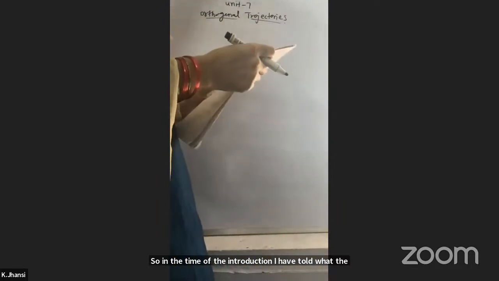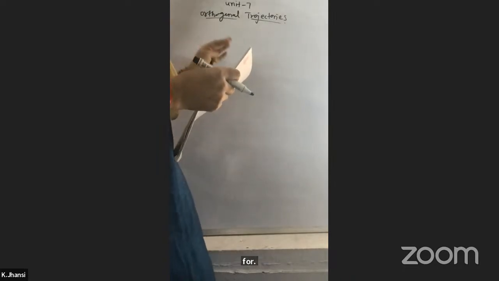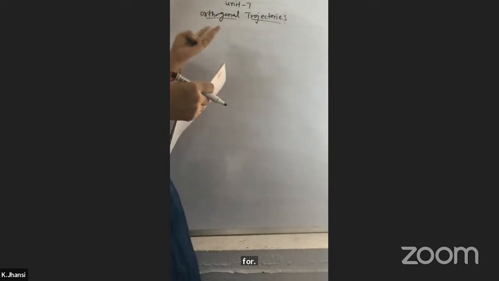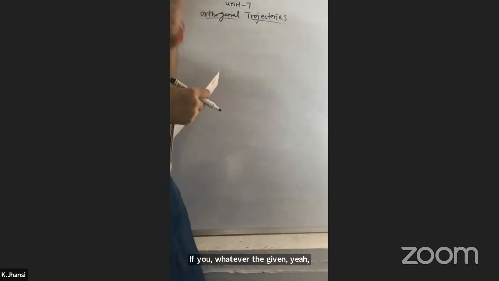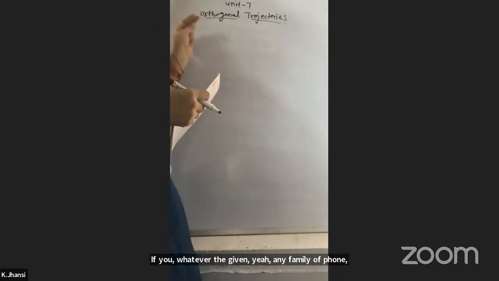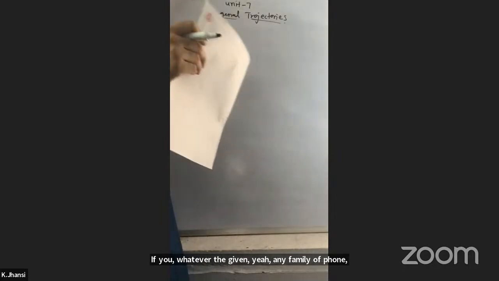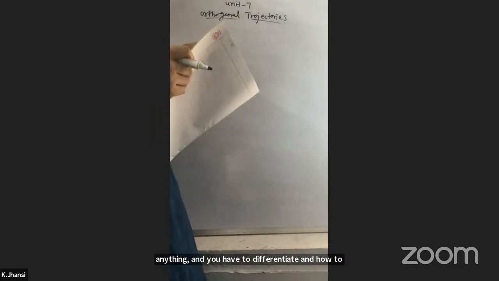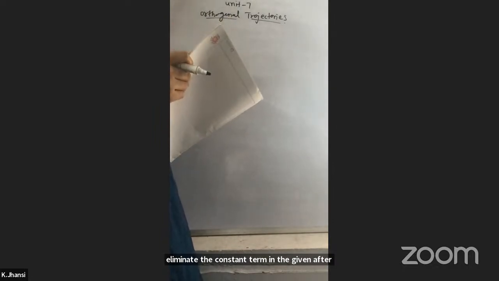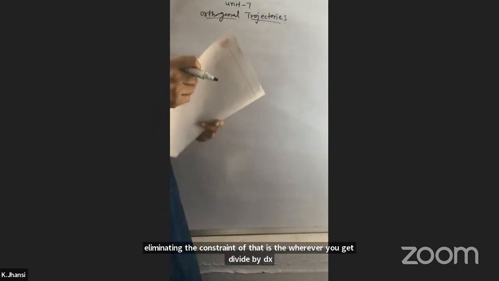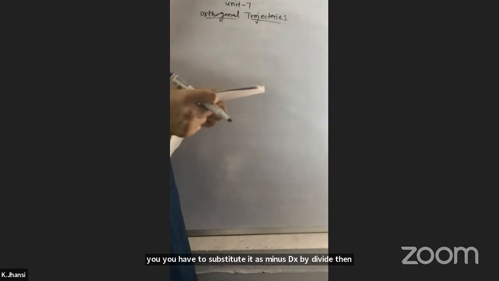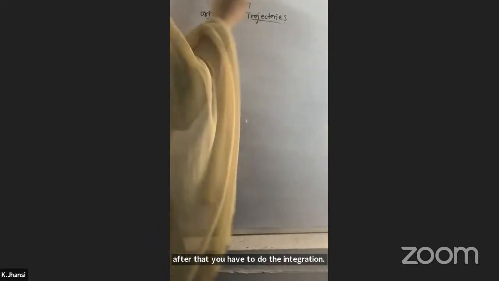First thing is whatever the given curve, any family of curves, they will give either the parabola or the square or anything. That curve you have to differentiate and eliminate the constant term in the given curve. After eliminating the constant term, wherever you get dy by dx, you have to substitute it as minus dx by dy. Then after that, you have to do the integration. Okay. Those are the steps.